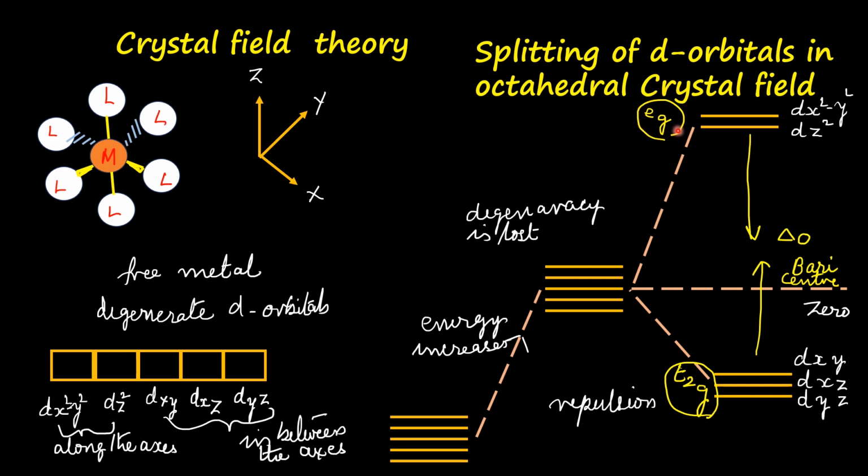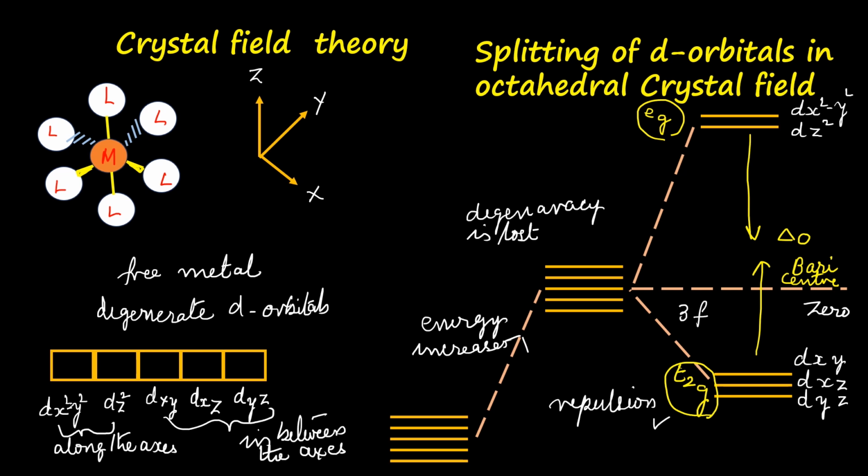So, when the ligands approach the central metal atom along the axial position, the repulsion is very great. Therefore, its energy increases. The T2g orbitals, which are in between the axial positions, offer less resistance. Therefore, their energy is comparatively less.